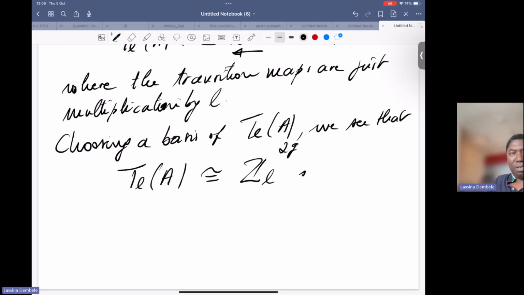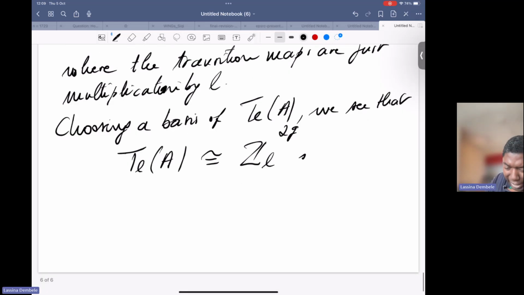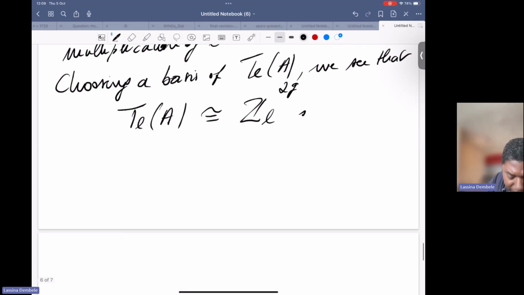One important aspect of the Tate module is that it comes equipped with a Galois action, and that's something which is really, really useful.